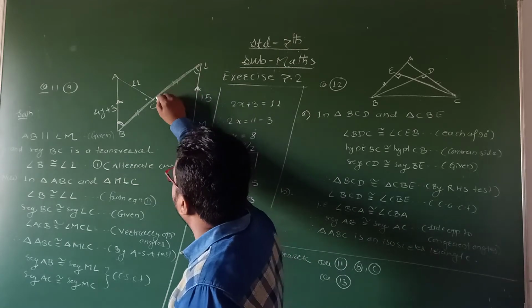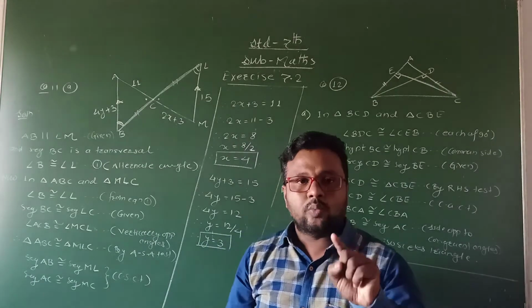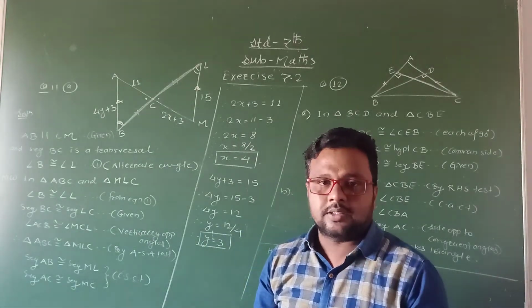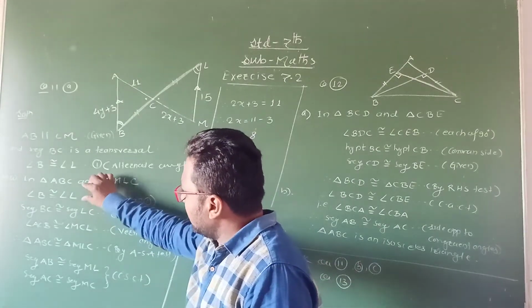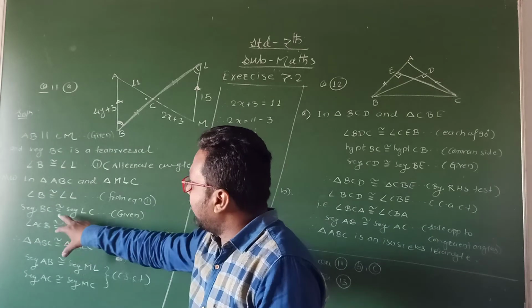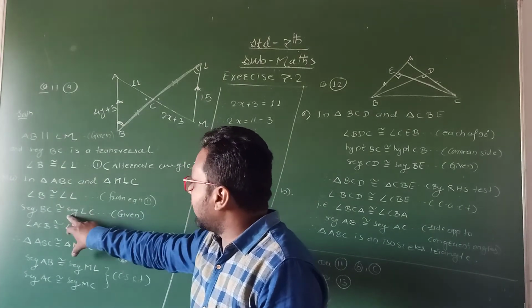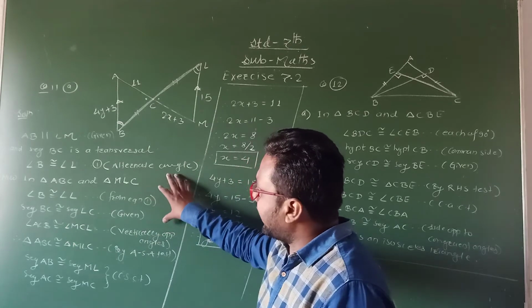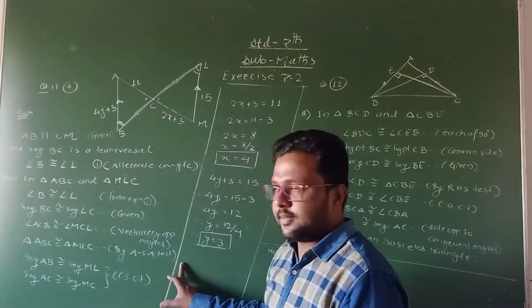These two angles are equal. What are these two angles? Vertically opposite angles. Now in these two triangles, two pairs of corresponding angles are congruent and the side between these two angles is equal. Therefore these two triangles are congruent by the angle side angle test.